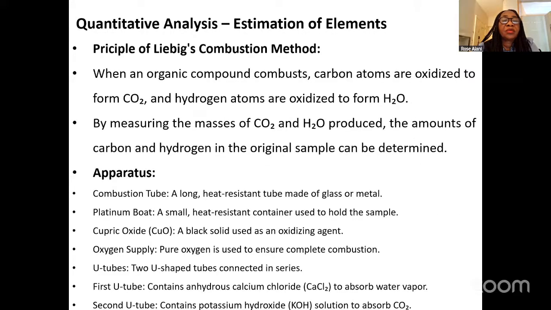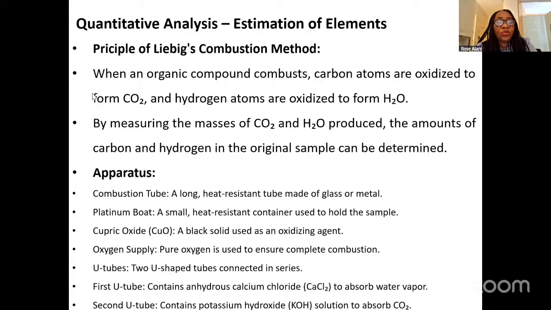So let's see how we carry out Liebig's combustion method. We have some apparatus here. I mentioned that it is for carbon and hydrogen.